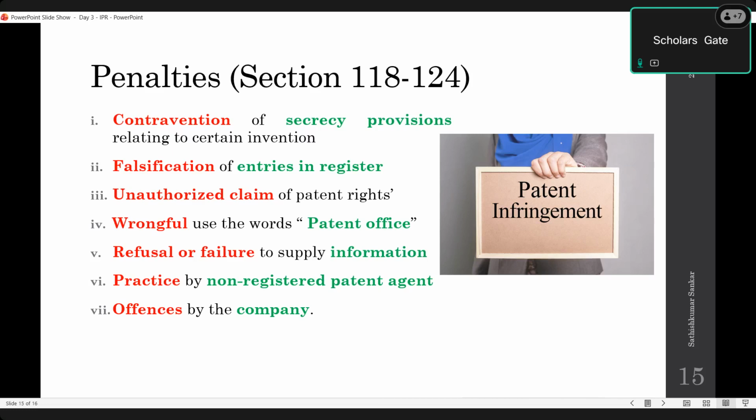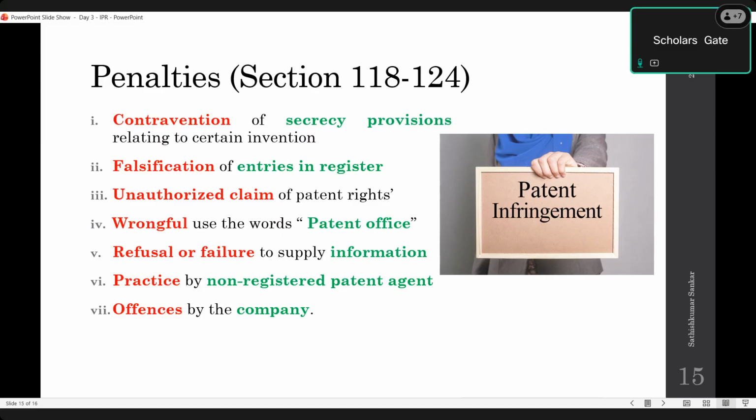Practice by a non-registered patent agent. Every year the Indian government conducts the patent agent exam. Once you clear that exam, only then are you treated as an authorized patent agent.